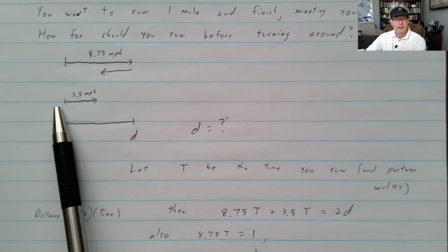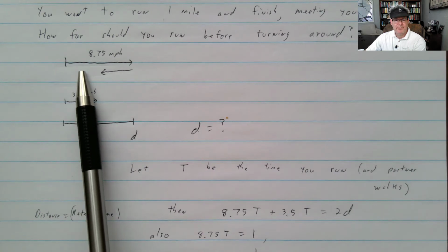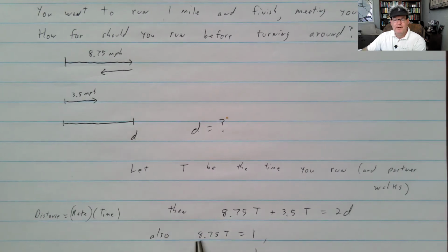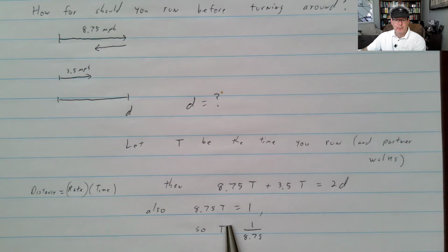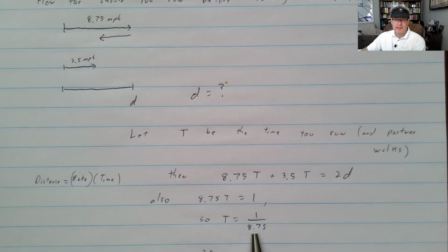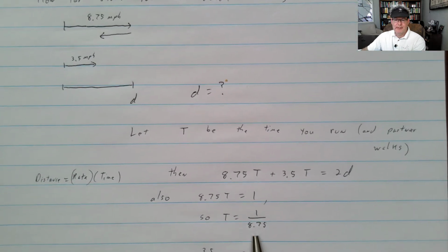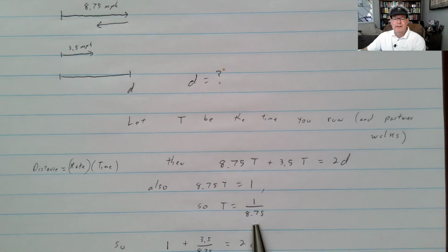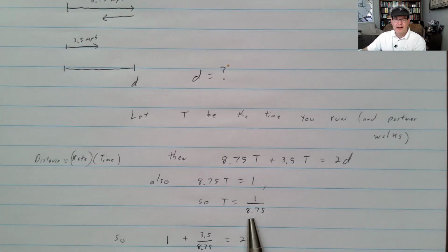So if I were to slide this up, I would essentially have 2 times D. We also know I'm going 1 mile, so that time is that distance of 1 mile divided by the mile per hour speed. So I can substitute that in.